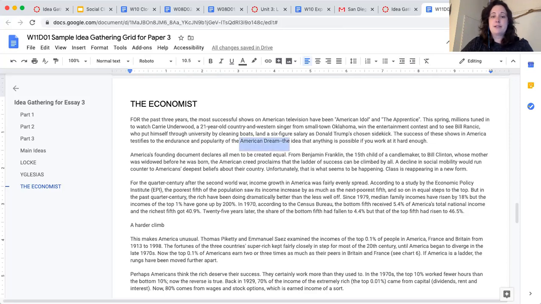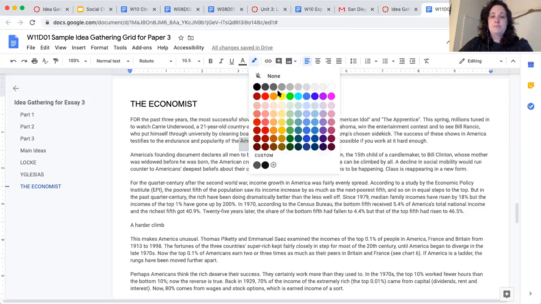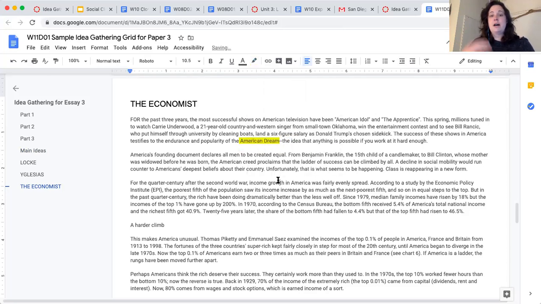I think that's going to be a really important idea. Working hard, and if you want to underline it, do so that you have it for later. But just store that in your mind, like the American dream is sort of this example.